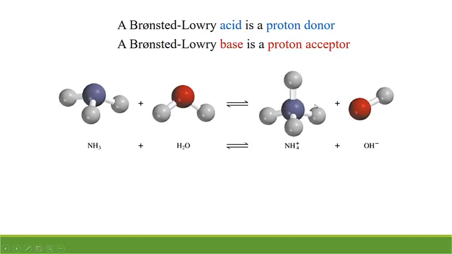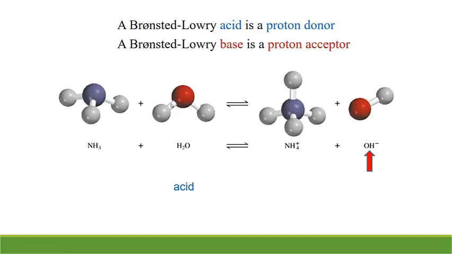Let's look over at the other side. What's happening here? We said water is probably going to act as a base. If we go to water, or what's left of water, we see it lost a hydrogen. And that's our definition of an acid. It's donating a proton, or in this case, donating the H+. The ammonia, NH3, becomes ammonium because it gained that hydrogen ion that water lost. So OH- here is the result of losing the hydrogen. So H2O is acting as our acid.